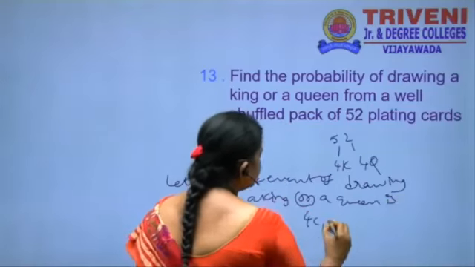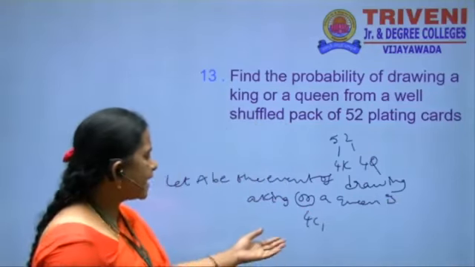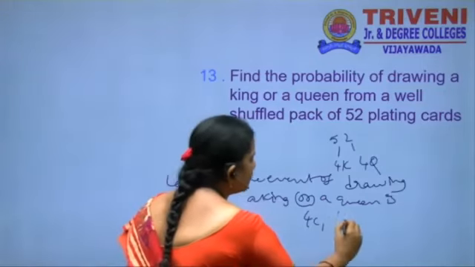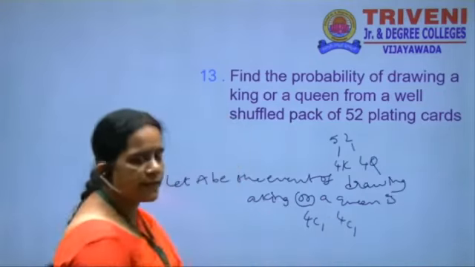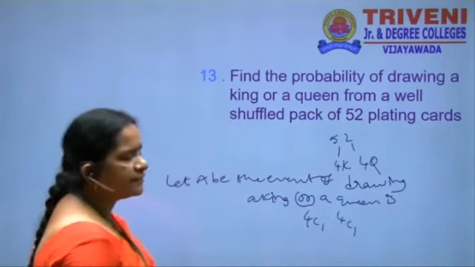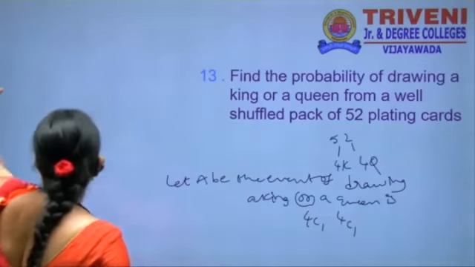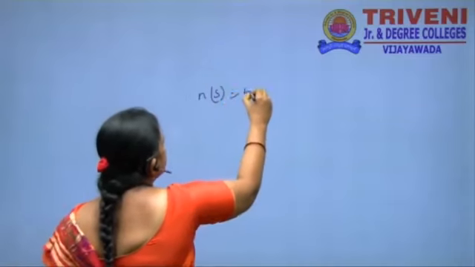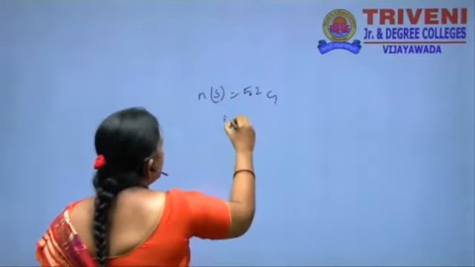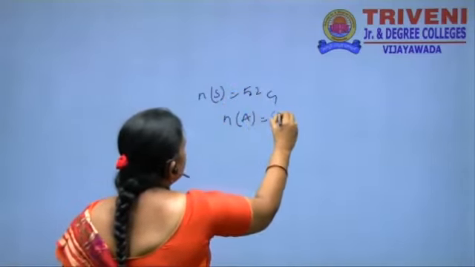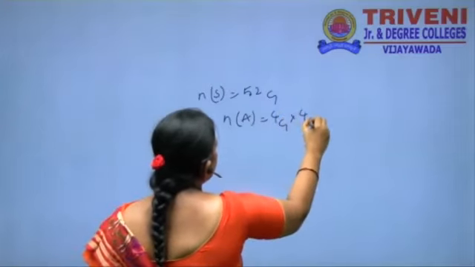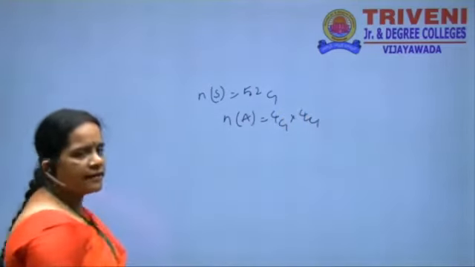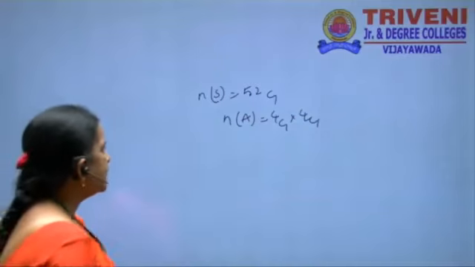4C1 is selecting the king, and 4C1 is selecting the queen, and total cards is 52. That is, N of S is equal to 52C1 and N of A is equal to 4C1 into 4C1. Here 'or' is there, then you can take it as into.